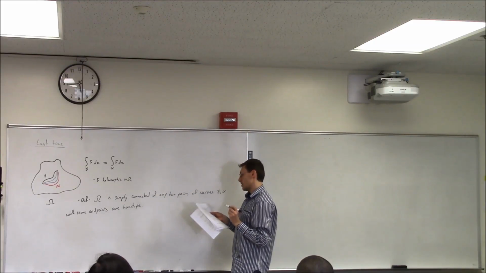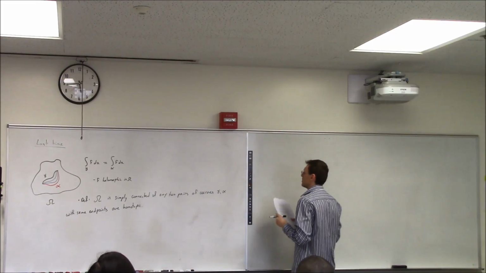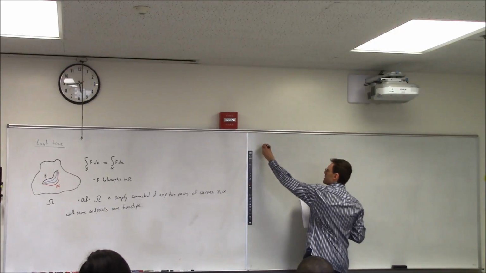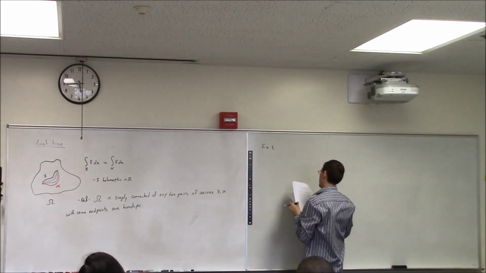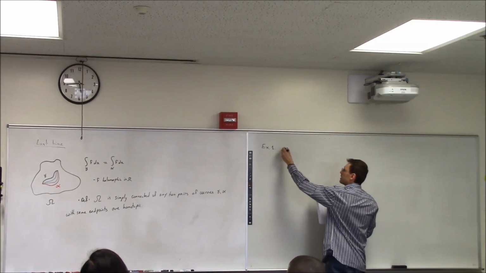Okay? So basic examples of simply connected regions. I'm sure you already have much better examples. So any disk D.